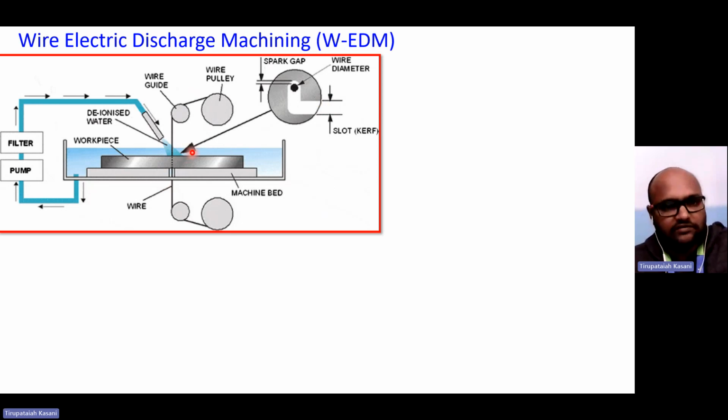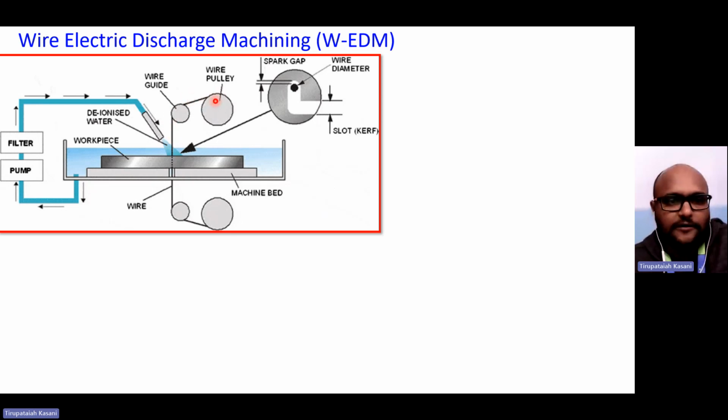What is the basic difference between this and conventional EDM? There the tool is a single shape. Here the tool is a wire that is continuously moving. Of course, these wires are coated with materials like nickel and copper, and a number of materials are used for coating to improve the life and the cutting efficiency.